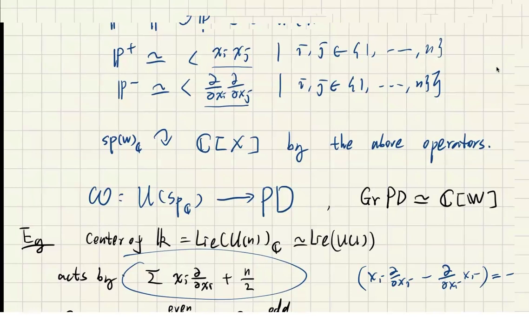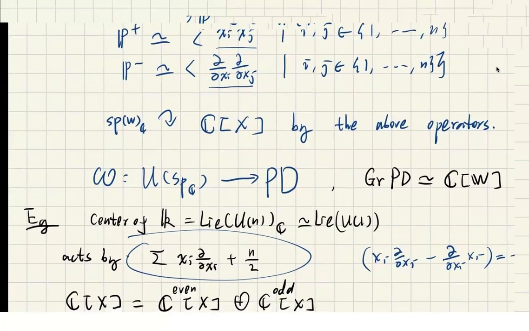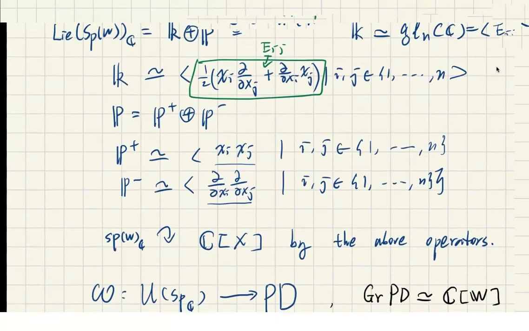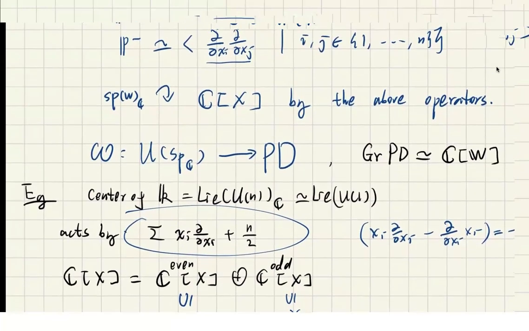Then act the other way on the constant function 1: the derivative of a constant function is 0. So you have this relation. Therefore the center is actually acted on by this number, so you always see this half here.